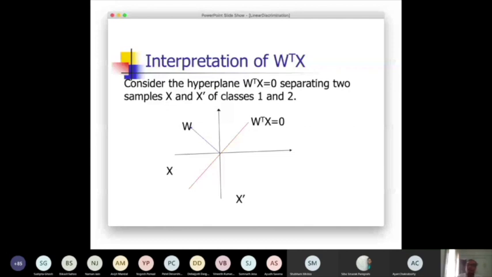Once again, just to see whether you have understood it properly, what is the form of X? Suppose there is an input value x1, x2. Let us consider a two-dimensional input space x1, x2, and the label is given as, say, 1.